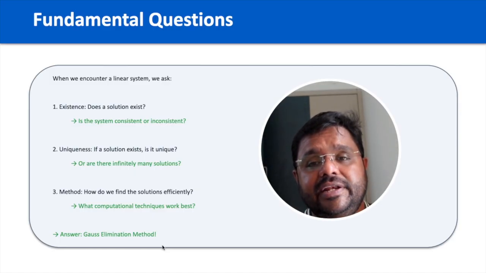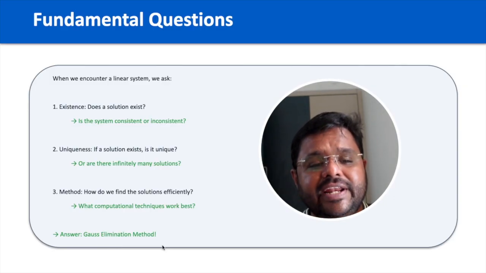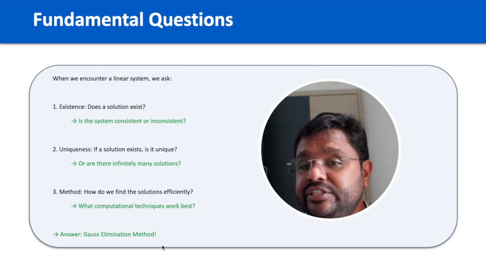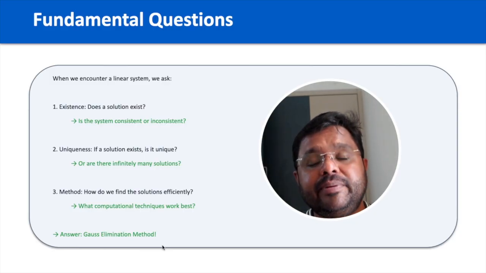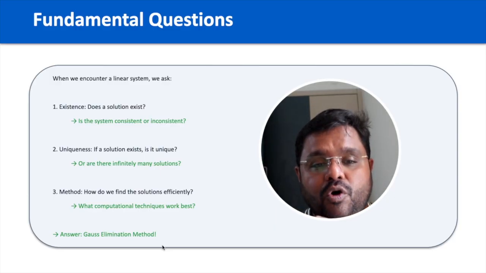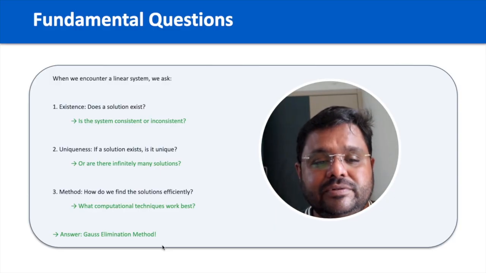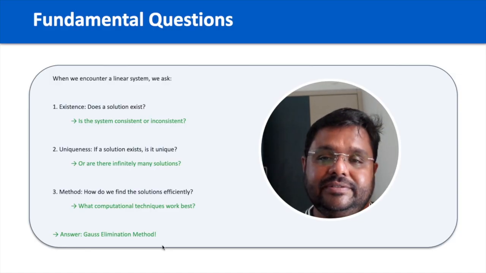The second question is about uniqueness. If the solution exists, is that solution unique? That is, do all the planes, all the lines, or the hyperplanes meet at a single point, or are there more than one solution, or infinitely many solutions?